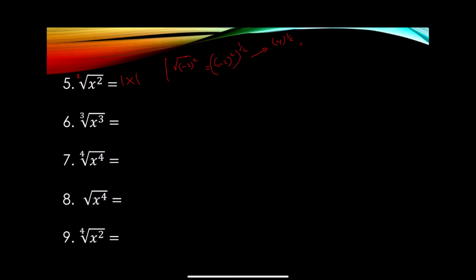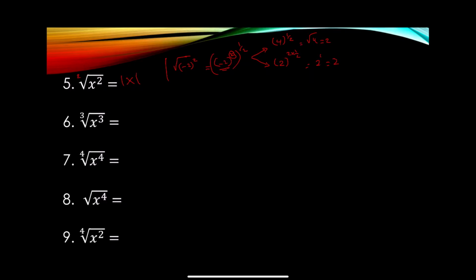And we know that 4 to the power 1/2, or the square root of 4, is equal to 2. Or I have to say this 2 will change this to be a positive number. And then we can multiply 2 times 1/2. So I'll change this to be 2, and then I have to say 2 times 1/2, and the answer is 2 to the power 1, which is equal to 2.